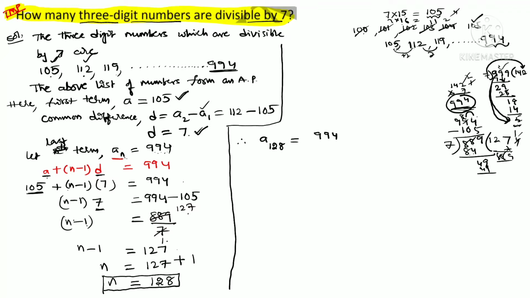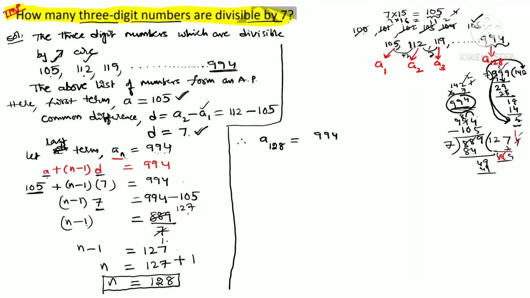As per this, this is the first term a1, this is the second term a2, this is the third term a3, and this 994 is the 128th term. That means in this AP, how many terms are there? 128.